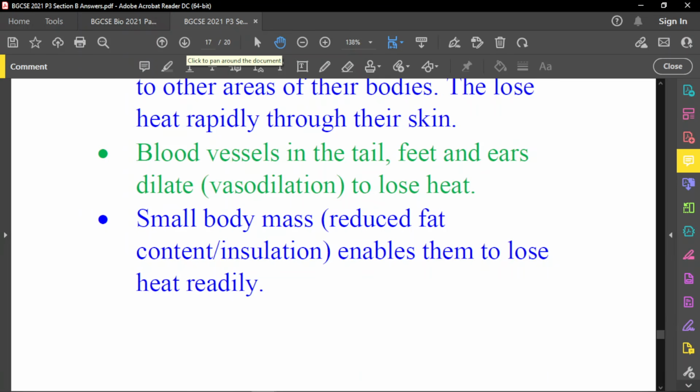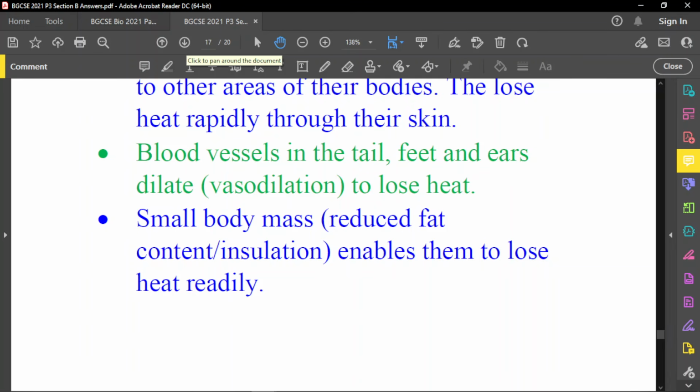Another adaptation is that the blood vessels in the tail, feet and also the ears dilate, which is vasodilation, as occurs in us as well. While that is happening, they lose a lot of heat energy through vasodilation. Again, it ties into number 1, because they have no fur and their skin is exposed, so vasodilation takes place in those areas more.